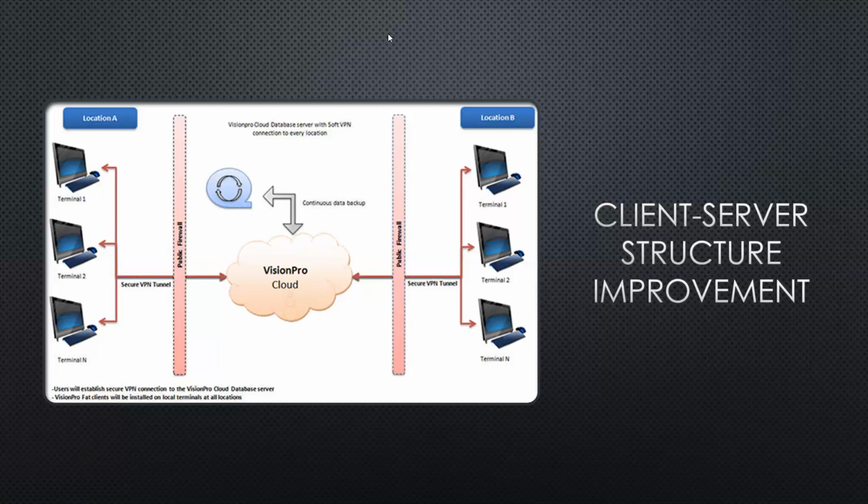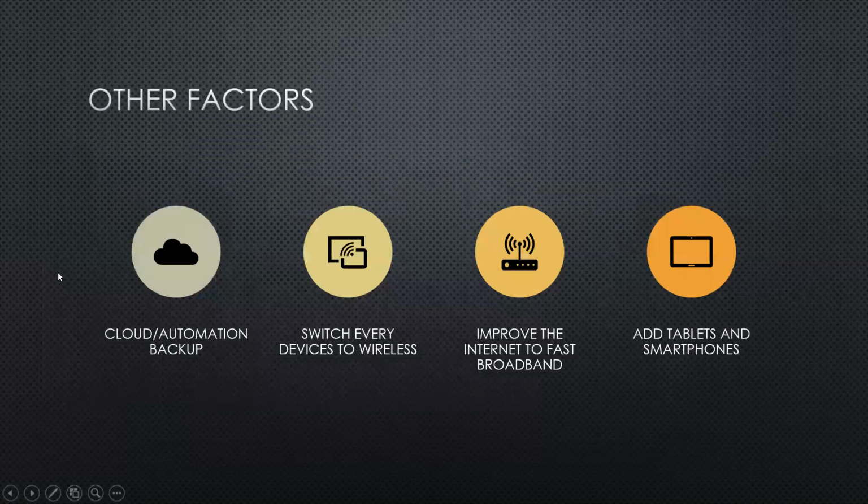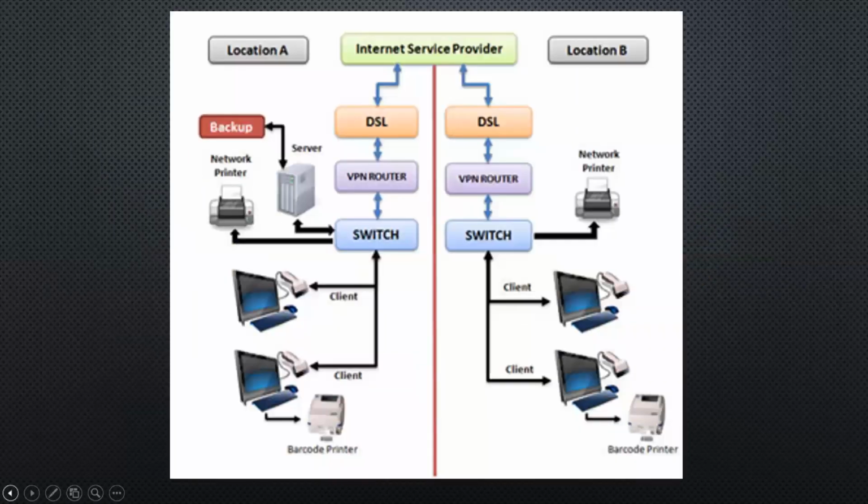Within the client-server structure, it also allows you to have a continuous data backup in the cloud. This will improve the process, where the system can back up wherever you go. If we look back at the original image, we see that location A has a server and a manual backup.